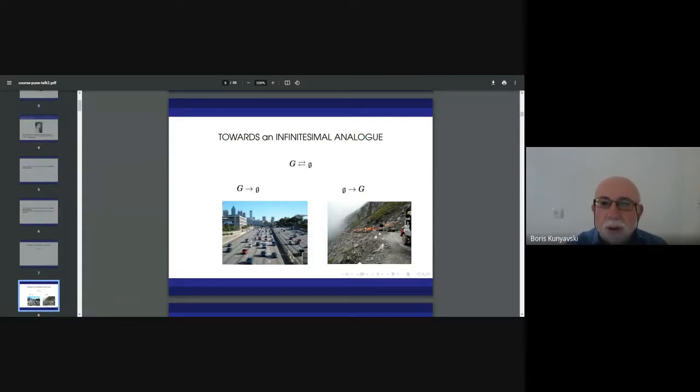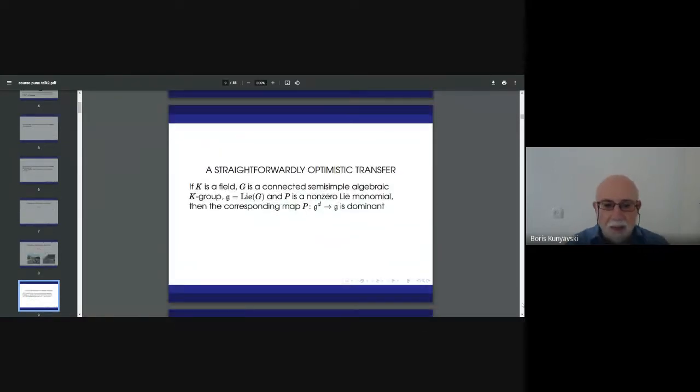But let's see what's going on in our case. Let's try a straightforwardly optimistic transfer. So what I mean is that we are considering any field K, any connected semi-simple algebraic group over K, its Lie algebra g, and instead of considering words, we are considering something analogous for Lie algebras.